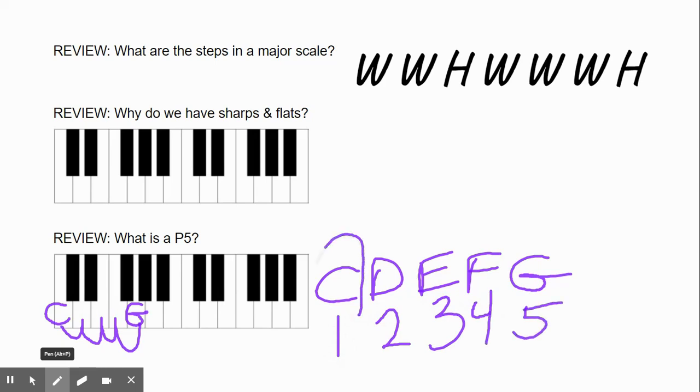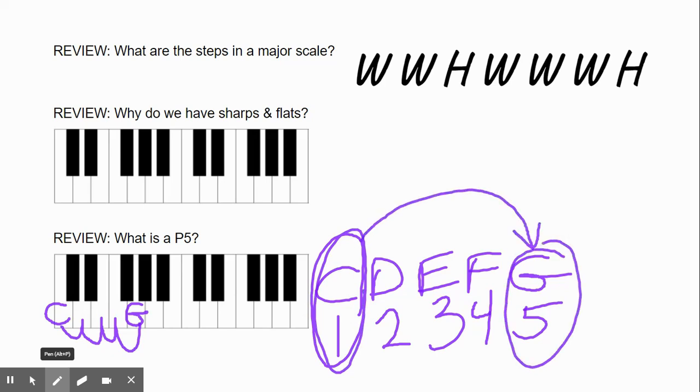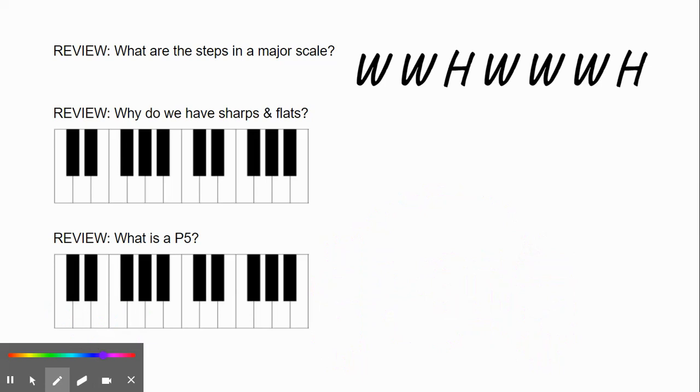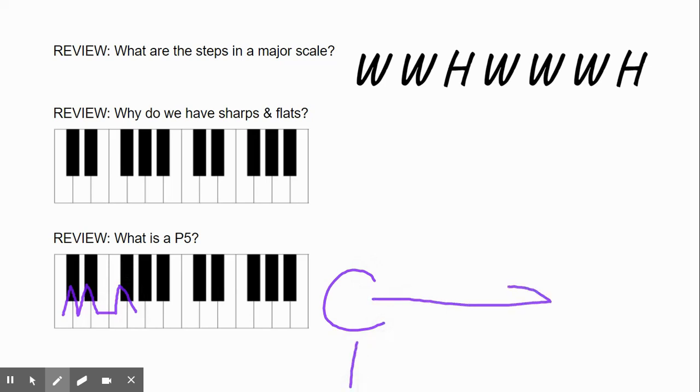So if I start counting on C as 1 and I stay in the key of C and I count up to number 5, that C to G is a perfect fifth. You can also say a perfect fifth is 1, 2, 3, 4, 5, 6, 7 half steps. But remember, whatever letter you start on, that's your first scale degree, and you have to go up to the fifth scale degree, whatever letter that is. In this case, it's G.